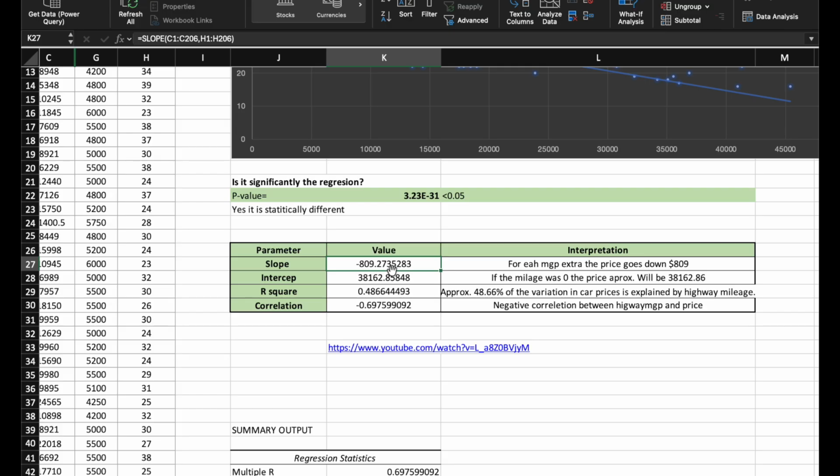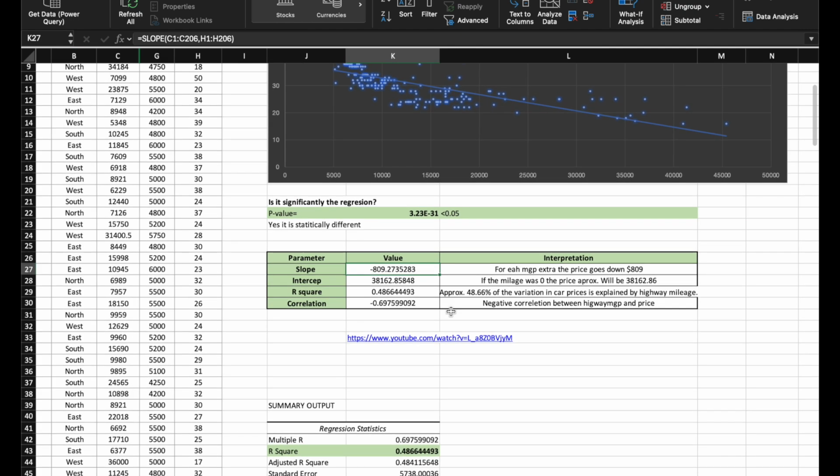This makes sense because fuel-efficient cars tend to be smaller and cheaper, while powerful cars burn more fuel, so they are more expensive.